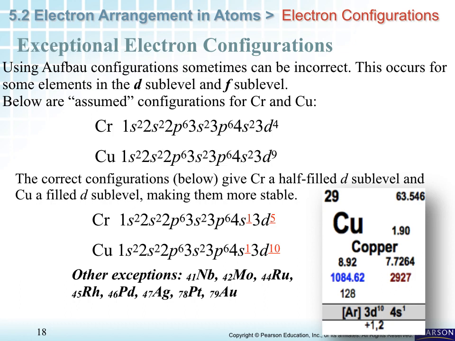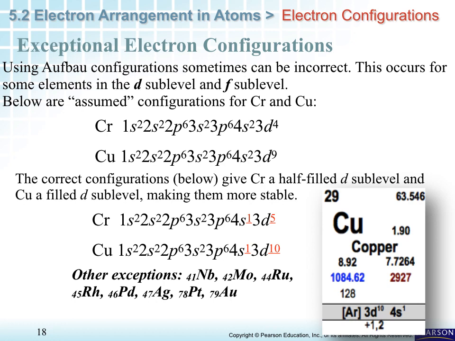If I write it Aufbau, I go 1s2, 2s2, 2p6, 3s2, 3p6, 4s2, 3d4, because that's 2, 4, 10, 12, 18, 20, 24. Same thing with copper, which is 29. Everything's the same up to 4s, and then that's 20 plus 3d9 is 29. That's what you would think.